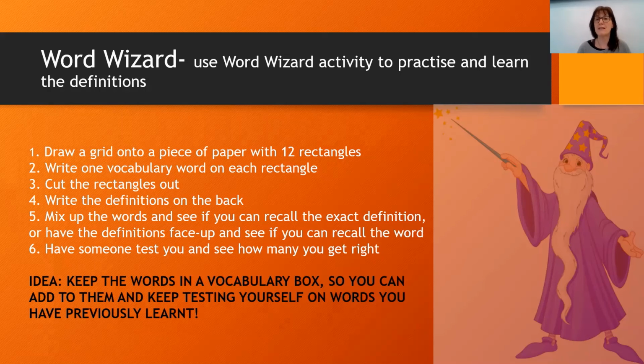We'll be doing this activity several times over different texts, so you can keep adding new words to your box or to your bag, and then keep bringing them out and seeing if you can still remember the definitions of the words that you learned last week and the week before.